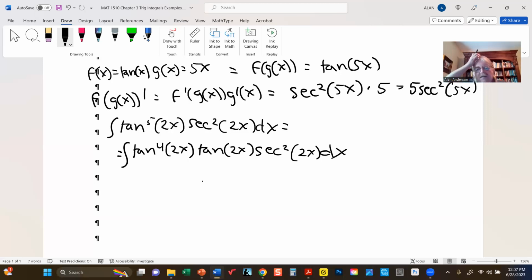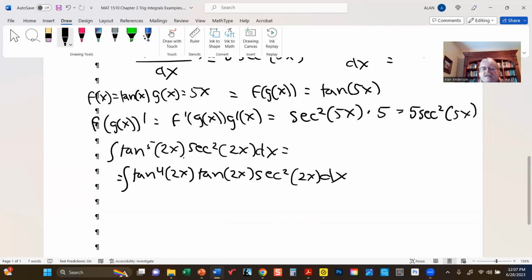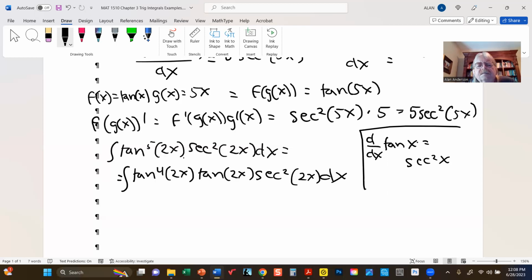All right, well, keep in mind the derivative of the tangent, just the tangent of x, not a function of x, is secant squared of x. So, why don't we try this?